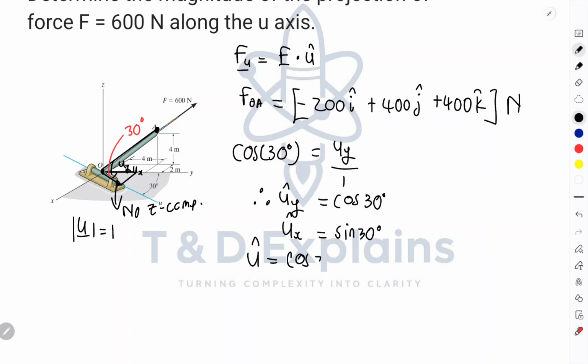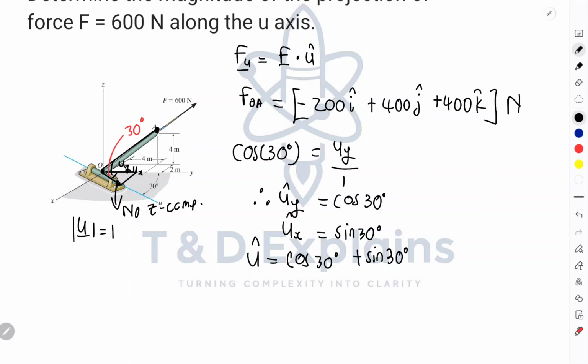So it's just cos 30 degrees, and then plus sine 30 degrees. You can try to square the components to find the magnitude, and you will see that you get a value of 1. Then it shows you that since the magnitude of u is equal to 1, this is a unit vector.